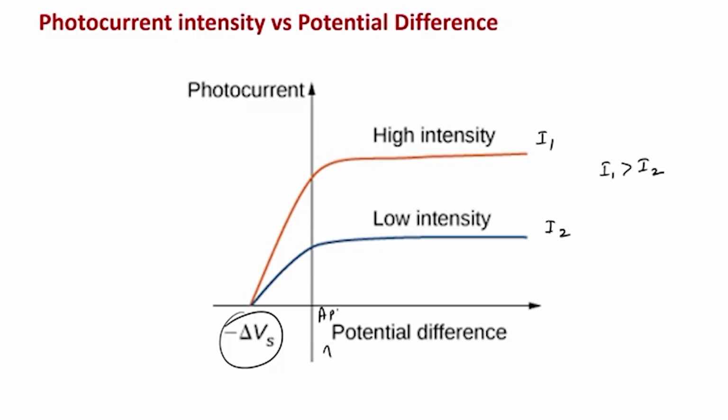And another important thing is that the maximum kinetic energy of the photoelectron, let us call it K max, is equal to eV0, with the stopping potential being minus V0, and it is independent of the intensity of light. Whether it is high intensity or low intensity, this is the same.